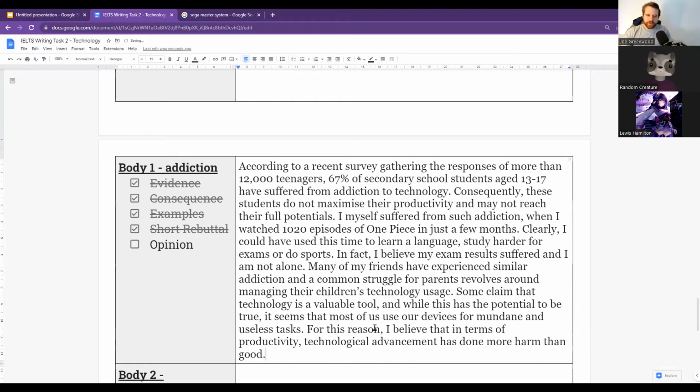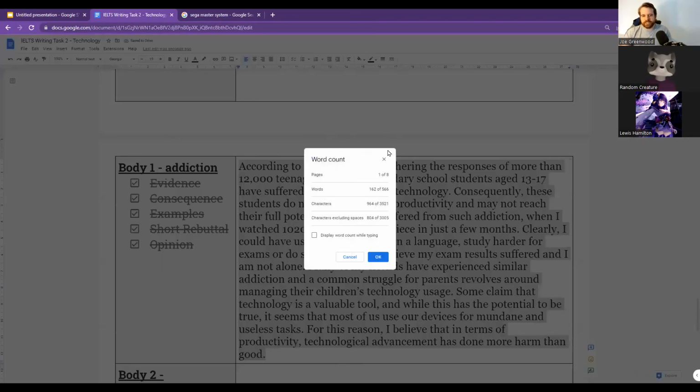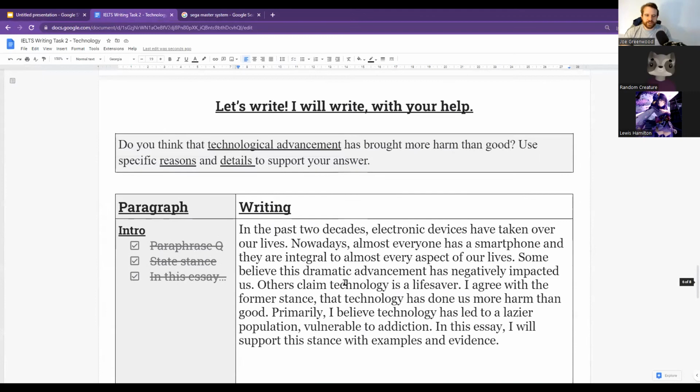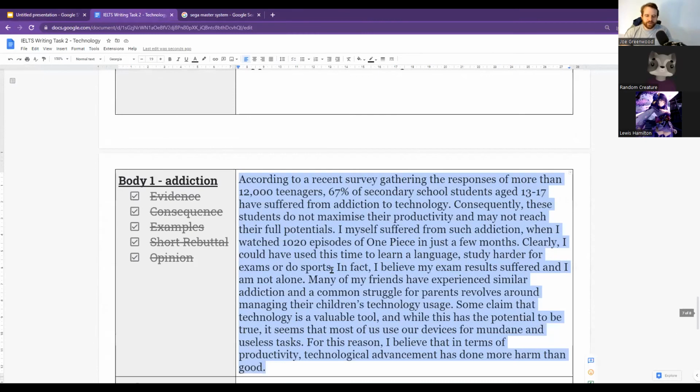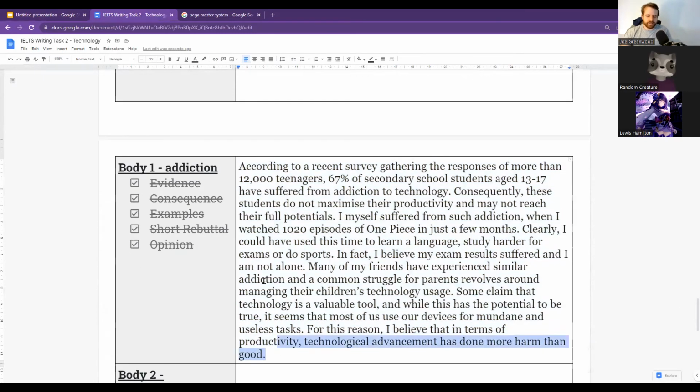There we go. So that's body paragraph 1. Nice and long. 162. So we've already written 240. We're only halfway through, so it's going to be much longer. But I think it's reasonable to write like this in the essay if you get fast at writing.